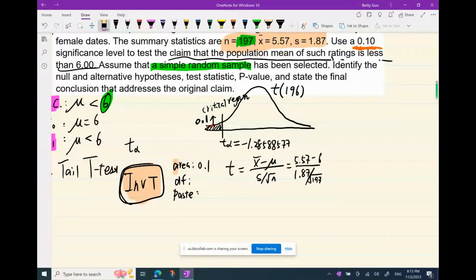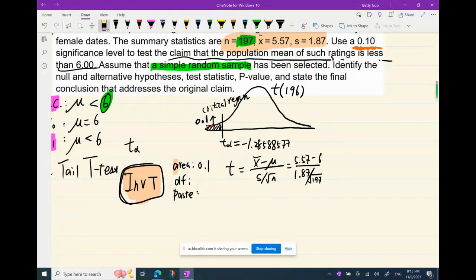Now I have negative 0.43, and I'm going to divide it by, I'm going to use a left parenthesis, and then enter 1.87 there, and then divide by, in the parentheses, another slash, and use the second x squared. So I have a root, and in the root I have 197. And then close the parentheses.